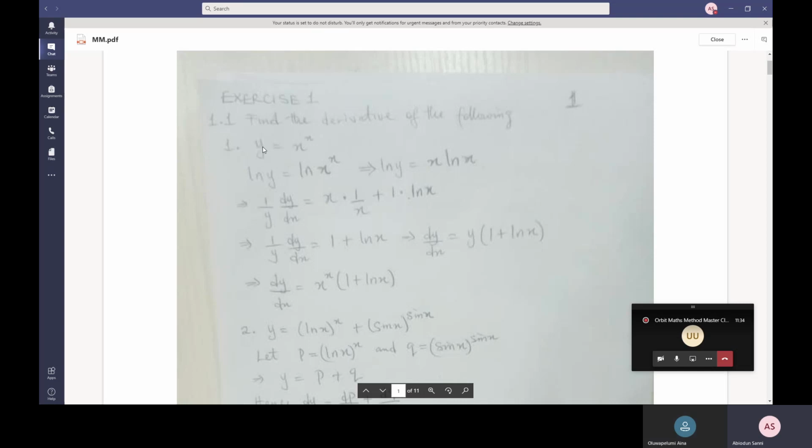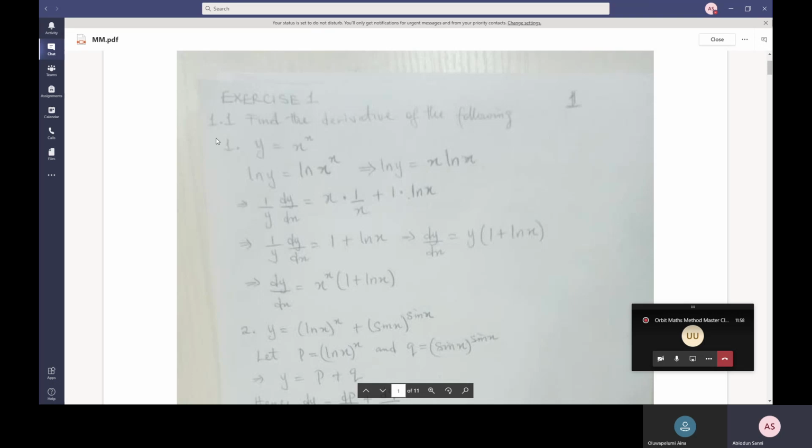Look at this example. You have y equals x to the power x. Normally you cannot use product rule or quotient rule to differentiate this. This is not a product, this is not a quotient.